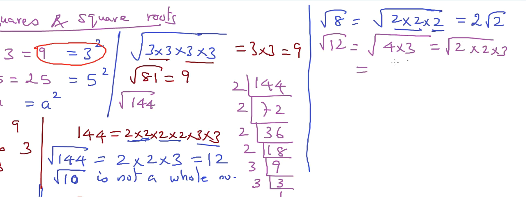So the square root of 12 is, for this pair, 2 comes out. Then 3 is alone. So it is 2 root 3.